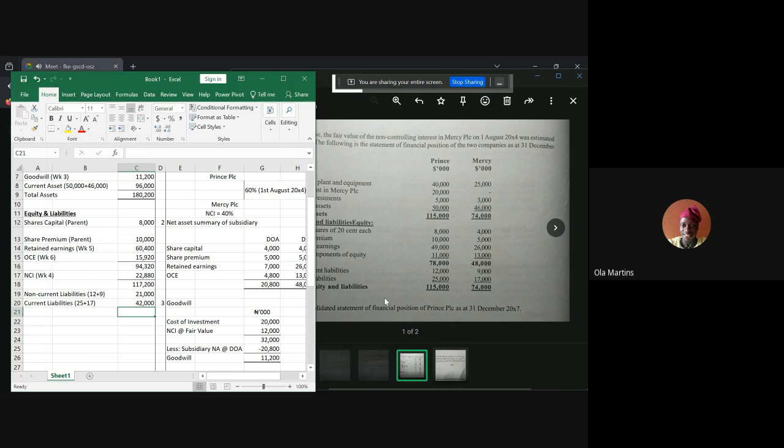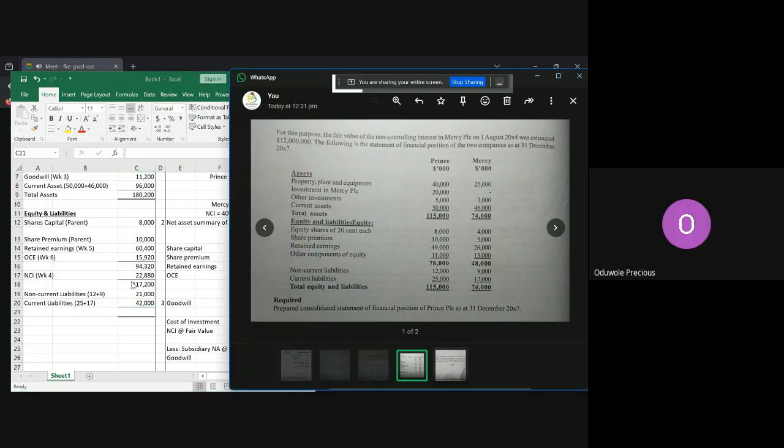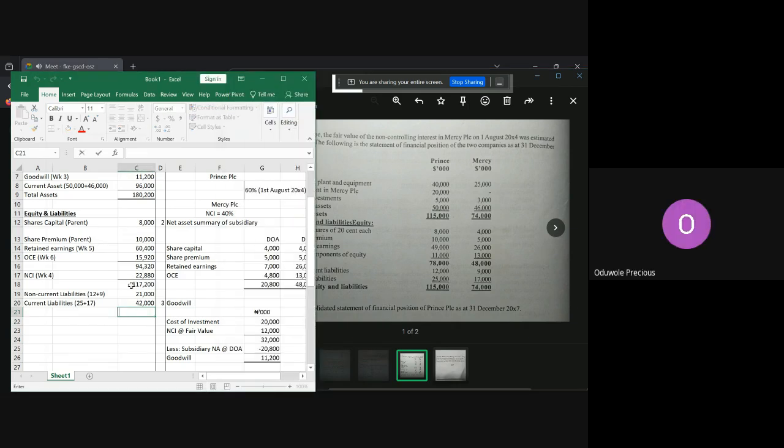That's all. The answer I will get is total equity and liability. Let's check if it will be correct. So as you can see, this is 180,200. This is also 180,200. So which means that is correct.